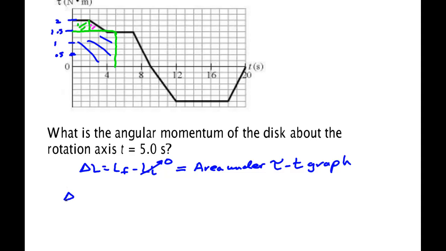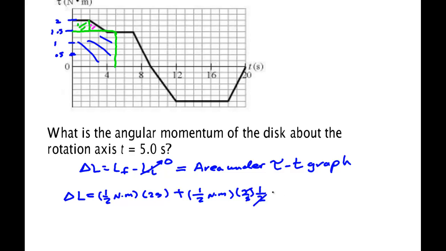So delta L has to do first with this little green rectangle, which is 1/2 a Newton meter times, it appears to be 2 seconds. Then I have to add this little triangle, which has a width of 2 and a height of 0.5. So 1/2 Newton meters times a height of 2 times the fact it's a triangle, it's 1/2 base times height.